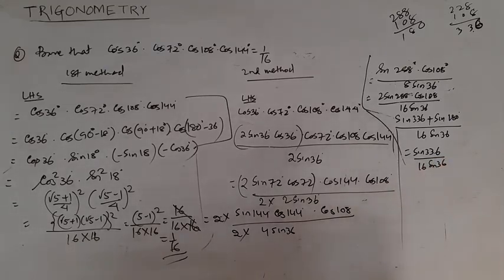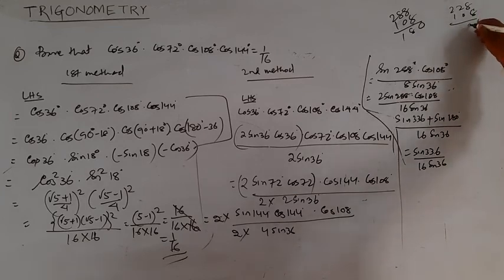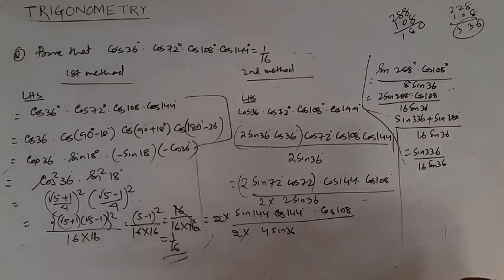So what is here? 2 sin A cos B formula: sin A plus B plus sin A minus B. That is 288 plus 108. Something is wrong here.